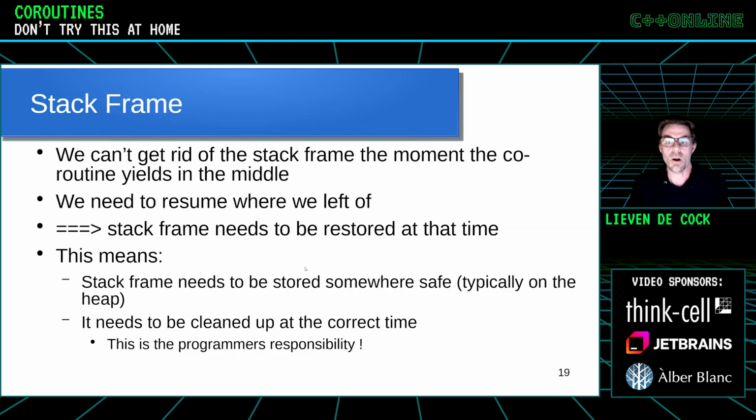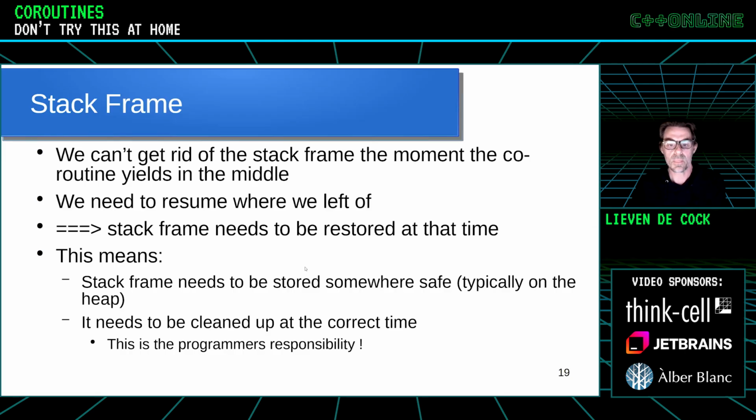But if we put something on the heap, it means we need to clean it up at the correct time. And that is the responsibility of the programmer. This is not being done automatically. So we know about new and delete, and we can have memory leaks. That has been solved by smart pointers. But here, this problem is coming back.